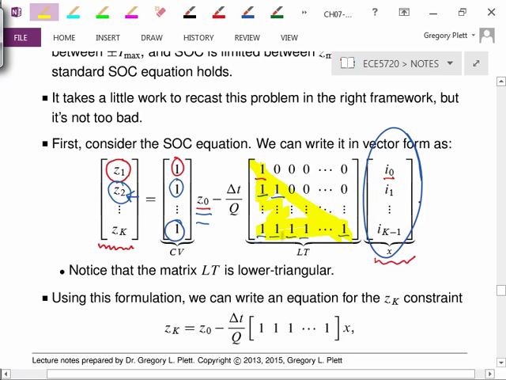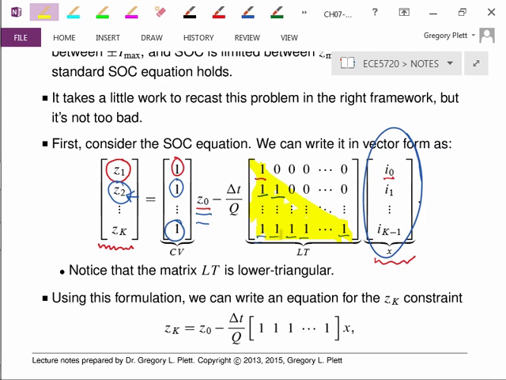Notice that all of the entries on the diagonal and below the diagonal are 1, and everything above the diagonal is 0. So this is a lower triangular matrix filled with 1s, and I'm going to call it LT for lower triangular.